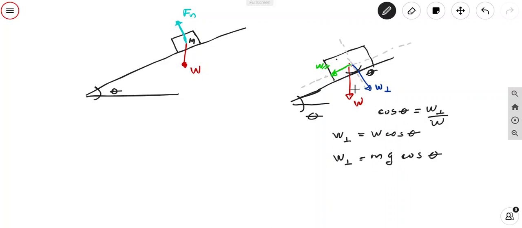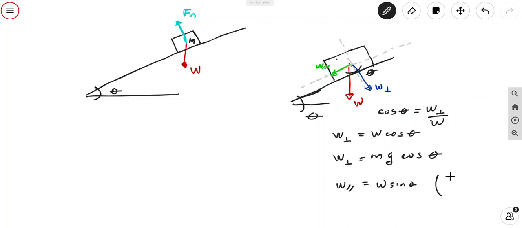If now I want to find the parallel component, I know that the parallel component, W parallel, would be W sine of theta. Why?